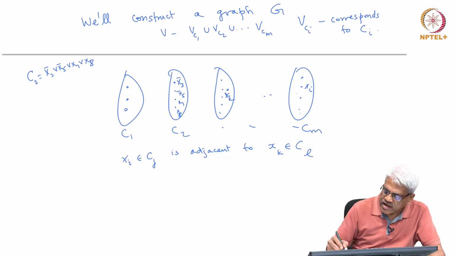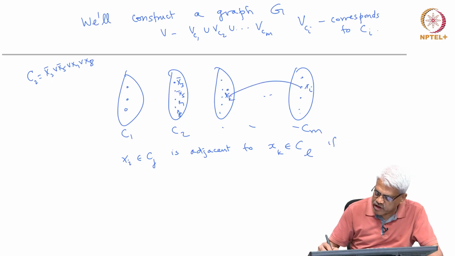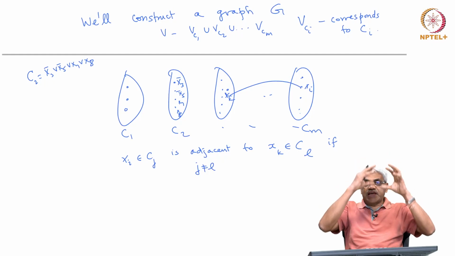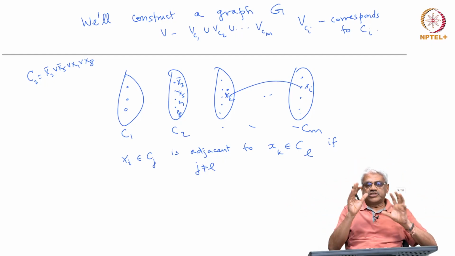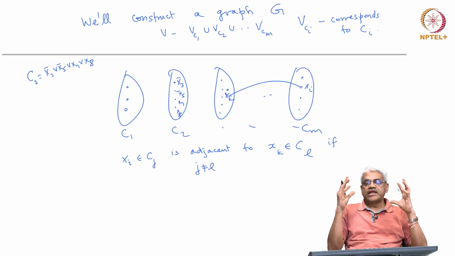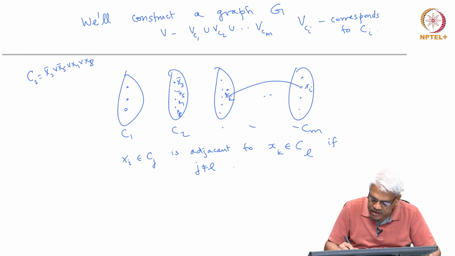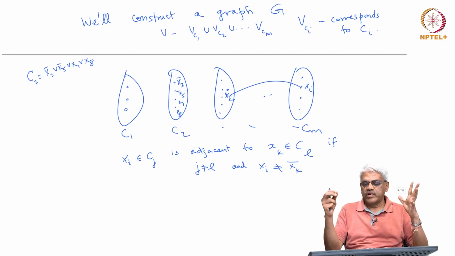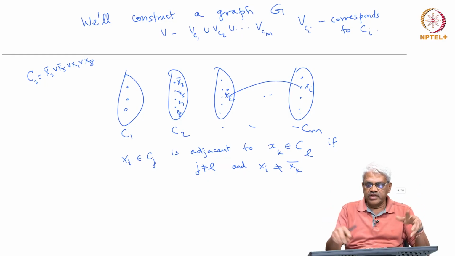I am going to add an edge between these two if the following is true. j is not equal to l, these two must be in different clauses. That means, in the same set I am not adding any edge, so each VCi is an independent set. And xi is not equal to xk bar, one is not the complement of the other. In such a case, I will add an edge.